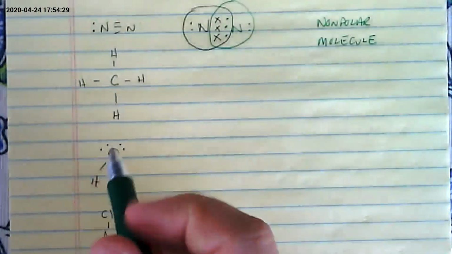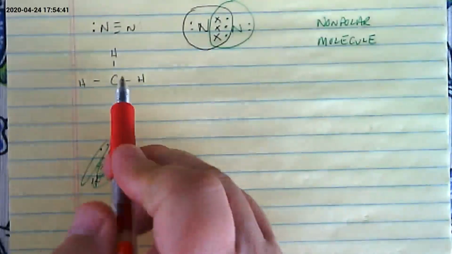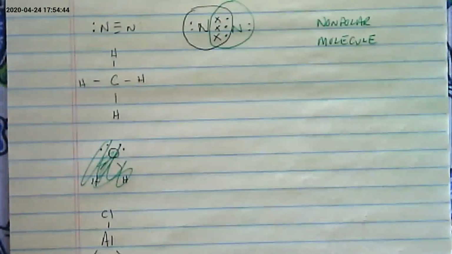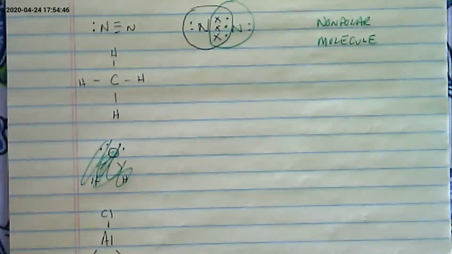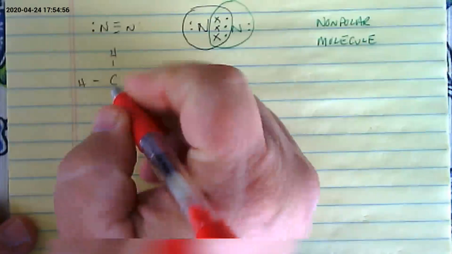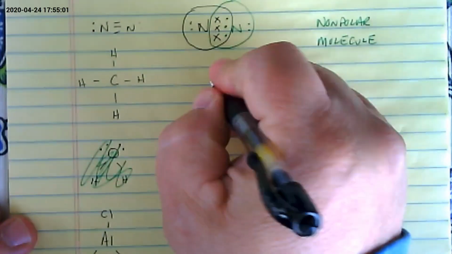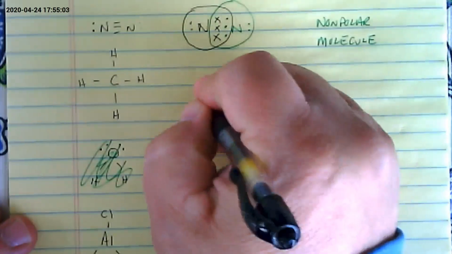Okay? Now look at methane. We're going to skip water for now. Now, methane is tetrahedral in shape. The bond between carbon and hydrogen is going to be a polar bond. Why? Because it's two different elements. Since it's two different elements, it has two different electronegativities. So, when you look at this, you're going to have carbon, and I'm going to use X's for carbon.